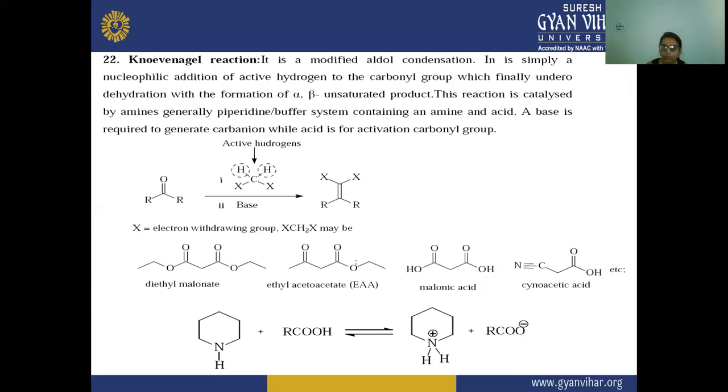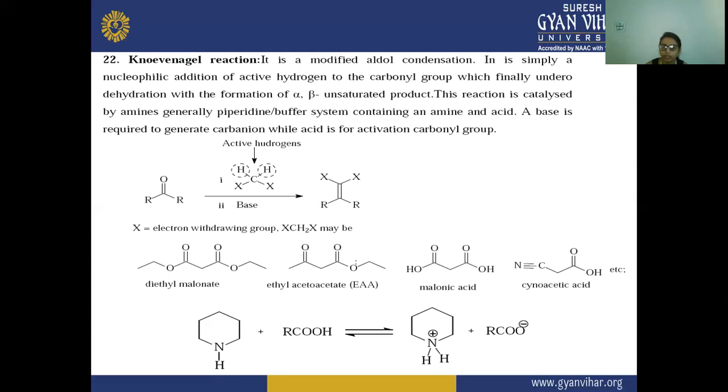So now is the Knoevenagel reaction. It is a modified aldol condensation. In this, there is a nucleophilic addition of active hydrogen to the carbonyl group, which finally undergoes dehydration, and there is a formation of this alpha beta unsaturated product. This reaction is catalyzed by amines, generally a piperidine buffer system containing an amine and its salt acid.